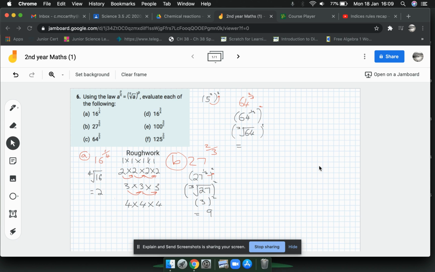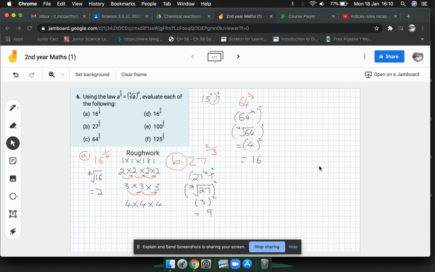It would. That would be 16 by 4, which is 64. So therefore the answer here is 4. But I'm not quite finished just yet. The answer for 64 to the power of a third is 4, but I have to square this, and I get an answer of 16, bringing down the square value. So the answer there is 16.